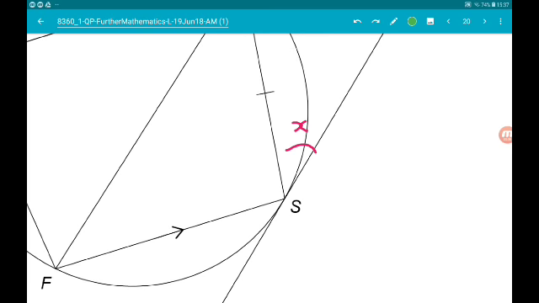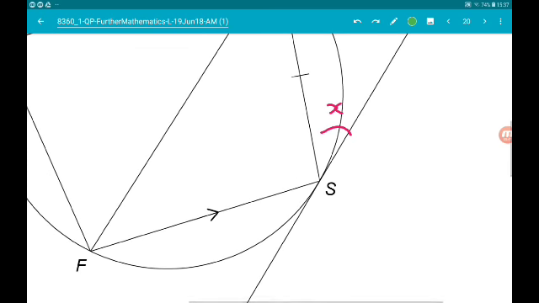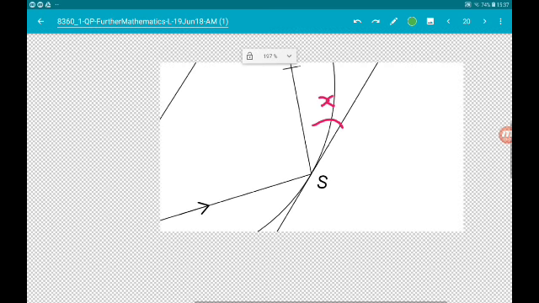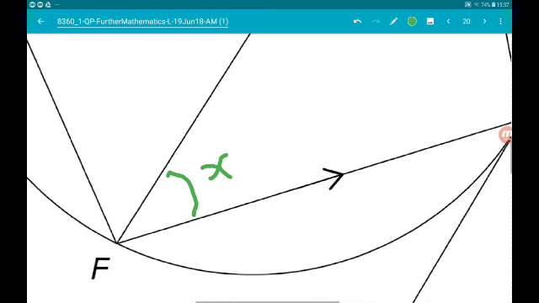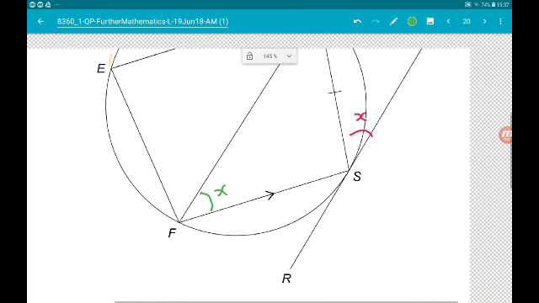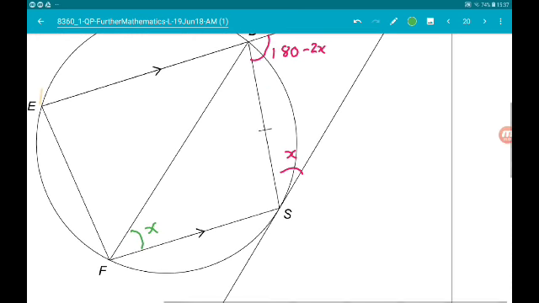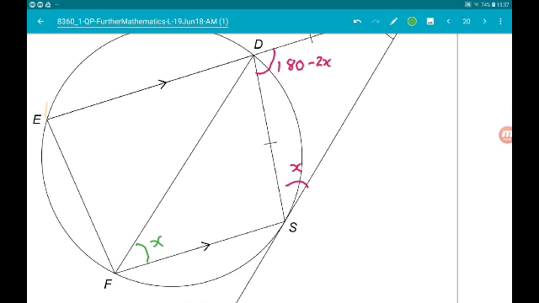So the alternate segment theorem tells us then that if this angle is x, then this angle here is also x. So my circle theorem stuff is down below in the description if you want to have a look. What can we do from there then? Well, that is a very good question.